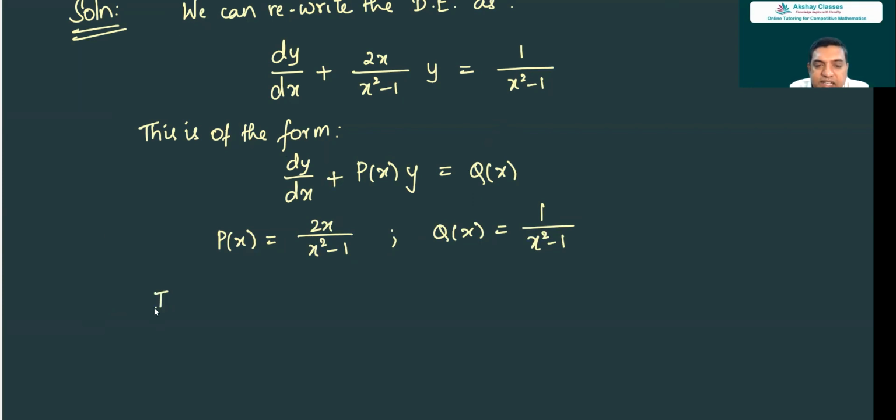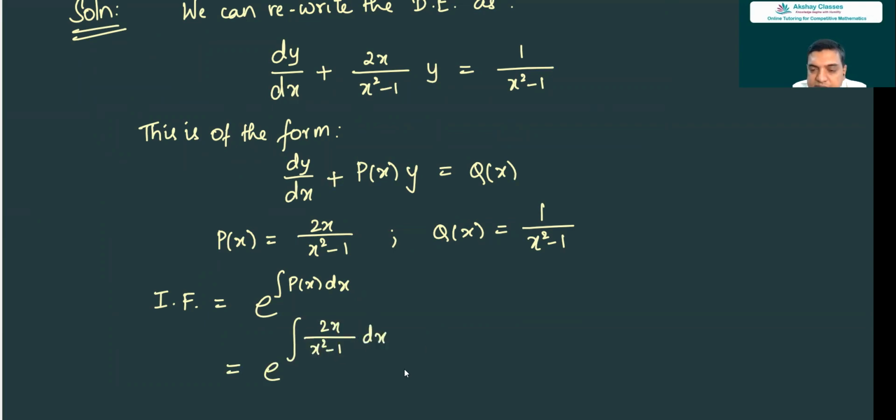So what is the integrating factor? The integrating factor is e^(∫p(x)dx), which is e^(∫2x/(x² − 1) dx). So this is e^(log(x² − 1)).